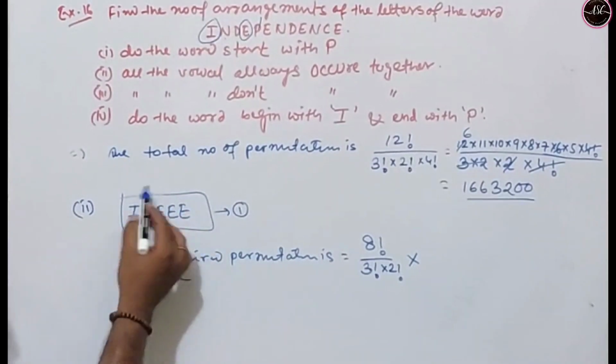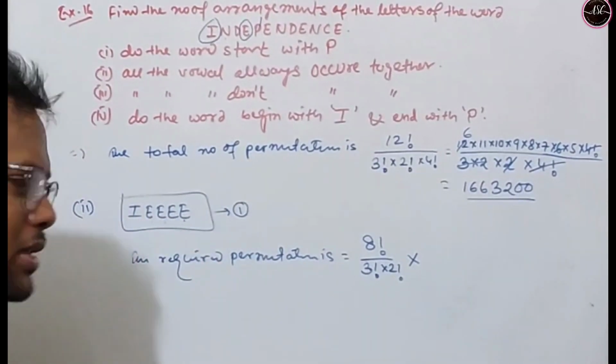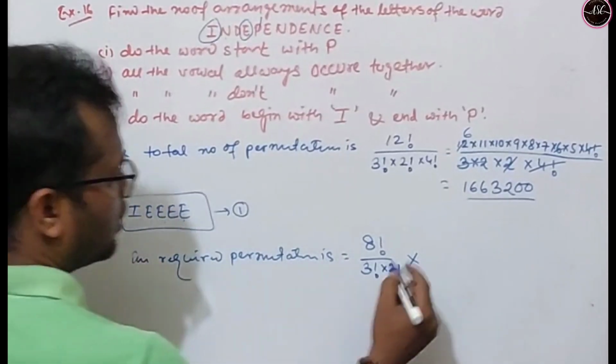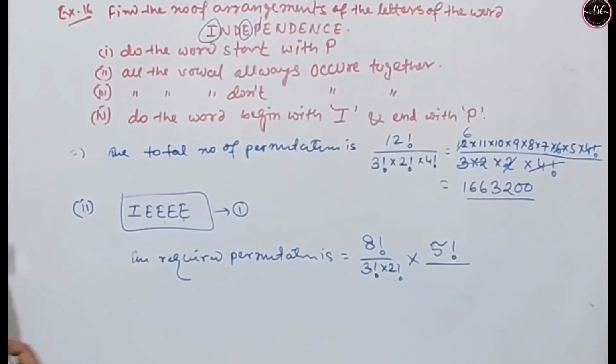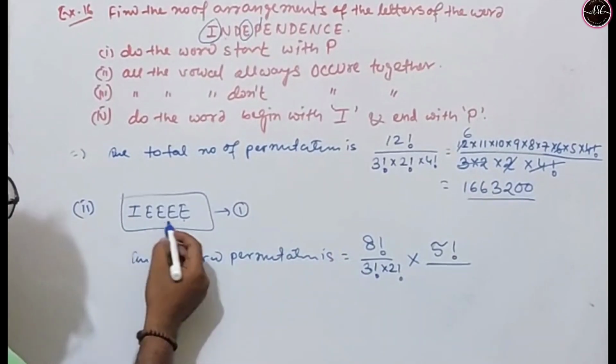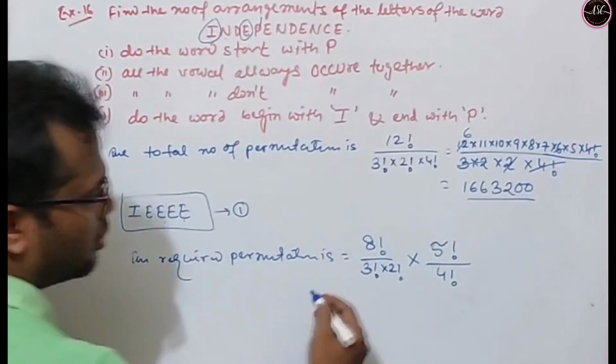As there are 5 vowels, these 5 vowels can be arranged as 5 factorial divided by 4 factorial, as there is repetition of E. So this will be the value.